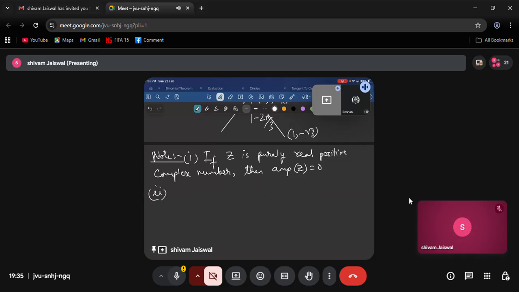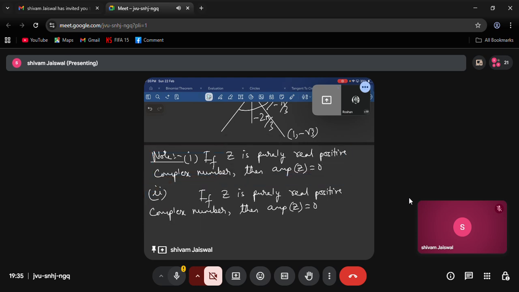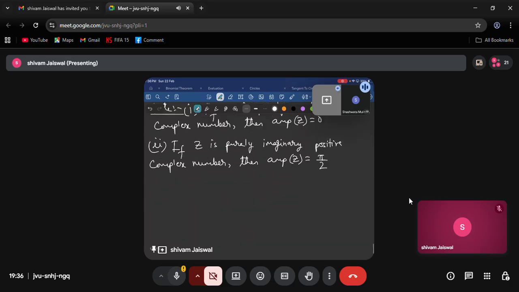If Z is a purely imaginary positive complex number, what is the amplitude? Pi by 2. Yes. Then the amplitude of Z is equal to pi by 2, right? It lies on the positive y-axis. Can you people understand?